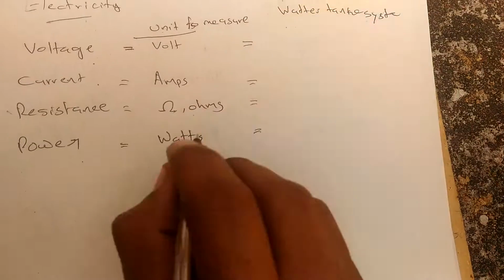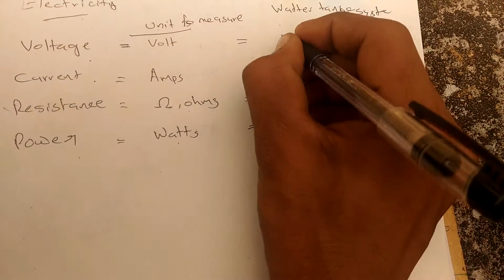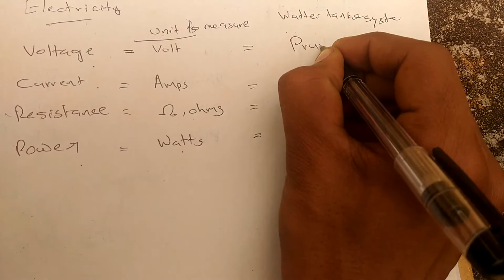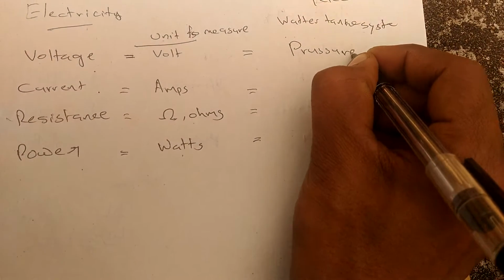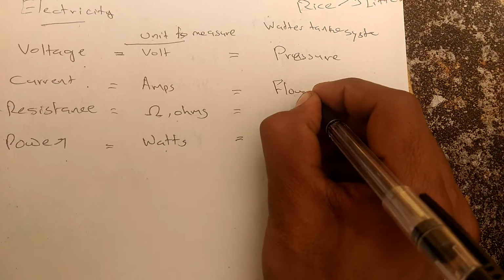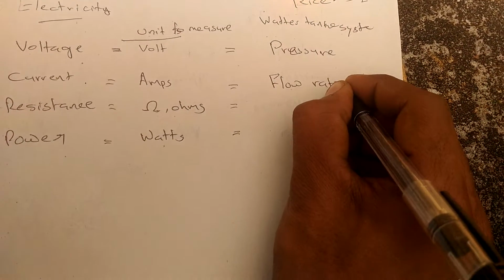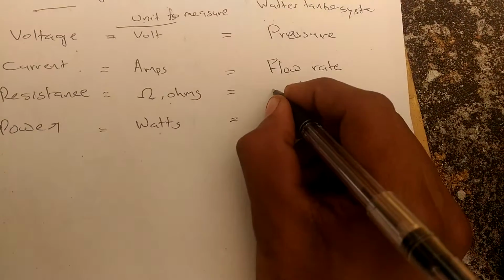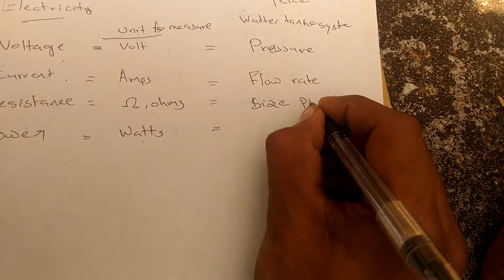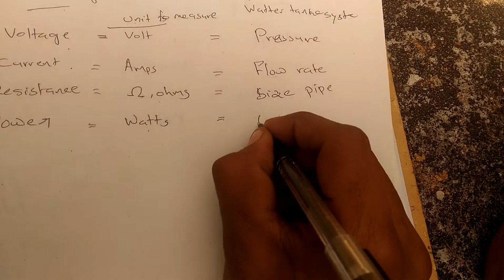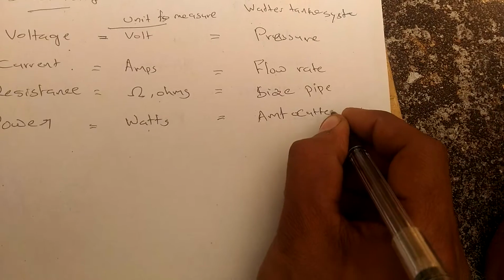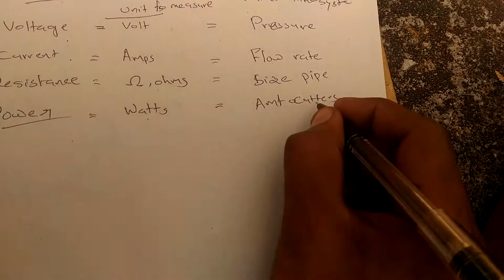In a water tank system, voltage resembles the pressure of water, while the current resembles the flow rate of water, while the resistance resembles the size of the pipe, and the amount collected resembles the power you used.